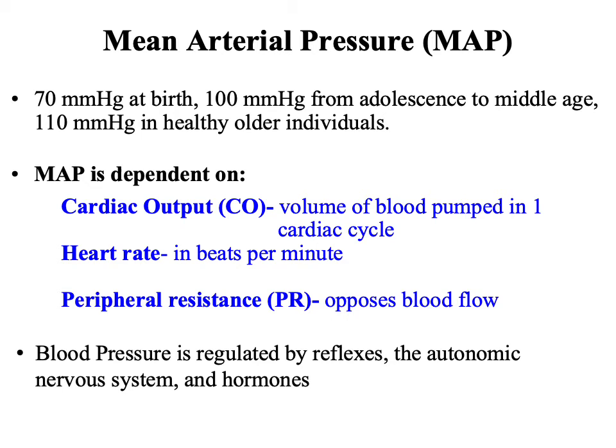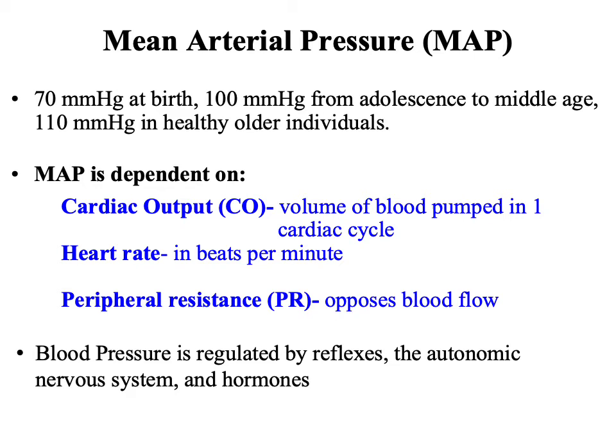Now, blood pressure does vary in different parts of the body at any given time. When you look at the whole map of the circulatory system, there are so many vessels, down in the lower parts of your legs, and then vessels closer to the heart.